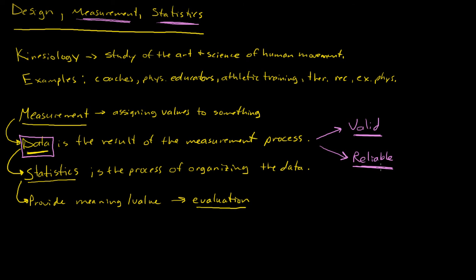But you have to know that your data is of quality. Having good validity and good reliability lets you know that your data is quality, and you want to have quality data before you put it into the statistics process. Therefore your evaluations are good quality evaluations, based upon statistics where we're using quality data. I'll just put an exclamation point over here. This is a big piece of this.